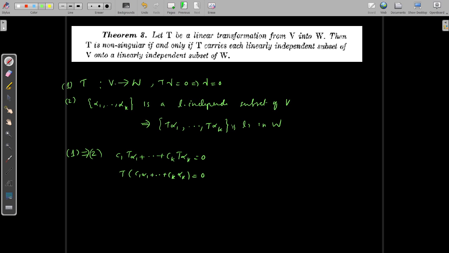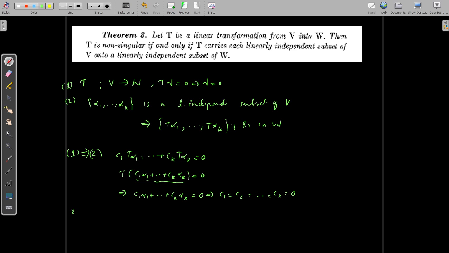But we have assumed in 1 that T gamma equal to 0 implies gamma equal to 0. So by taking this as gamma, we can say that C1 alpha 1 plus etc. Ck alpha k equal to 0. Since alpha 1, alpha 2, alpha k are linearly independent, we get C1 equal to C2 equal to etc. equal to Ck equal to 0. This proves 1 implies 2.